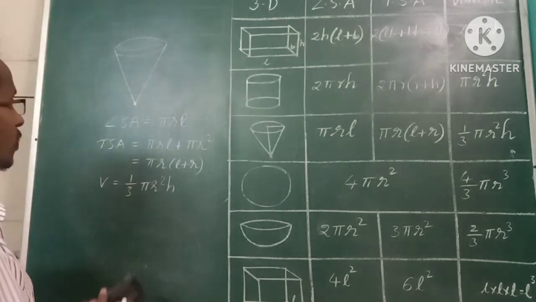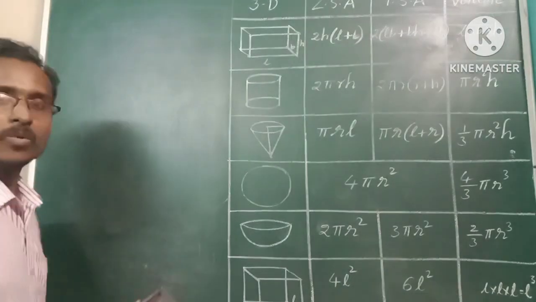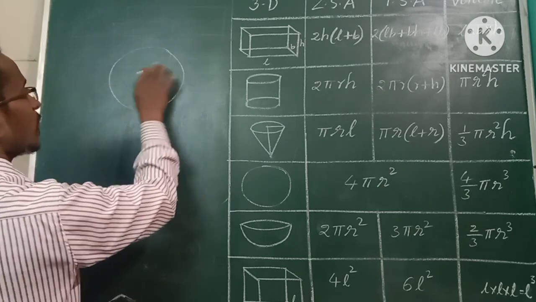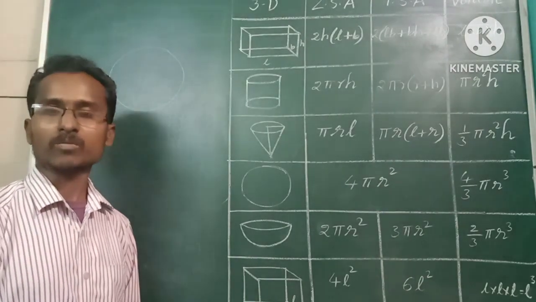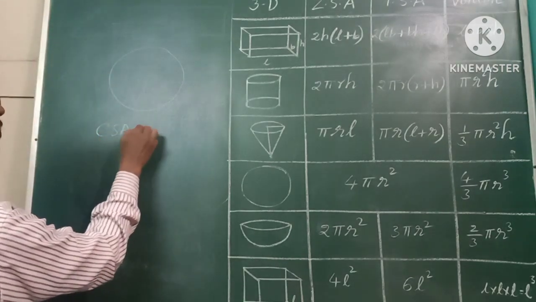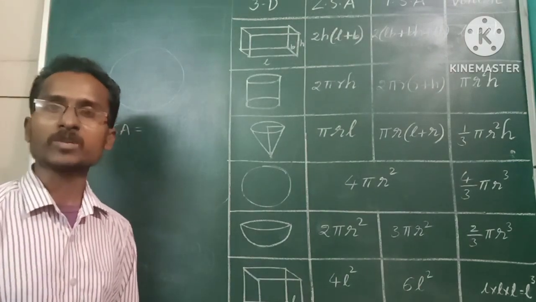Now the next one is sphere. A sphere has only one surface, so there is no LSA or TSA. Only one surface, that is a curved surface area. This area is equal to 4 times the area of a circle.